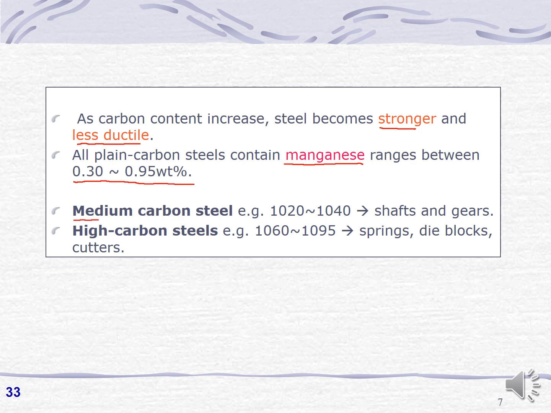For medium carbon steel, for example, the designation or classification is 1020 until 1040. For the high carbon steel, the designation is from 1060 to 1095.